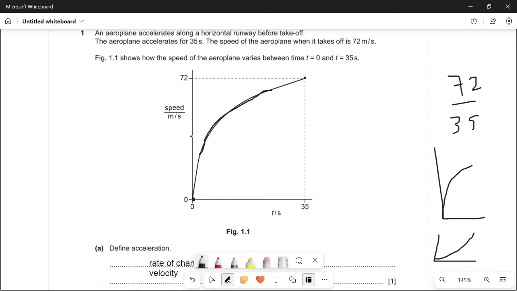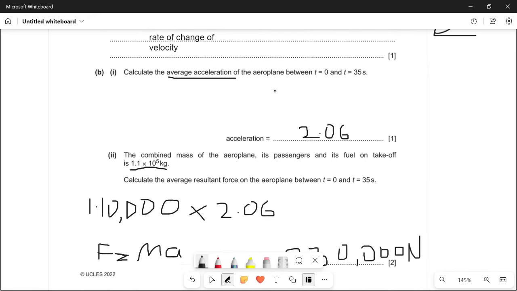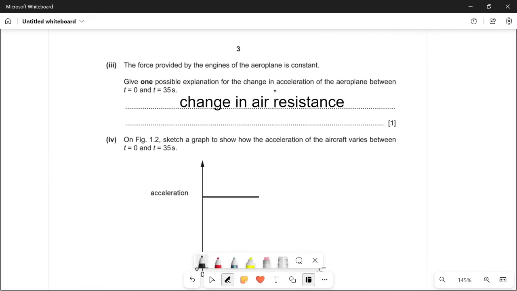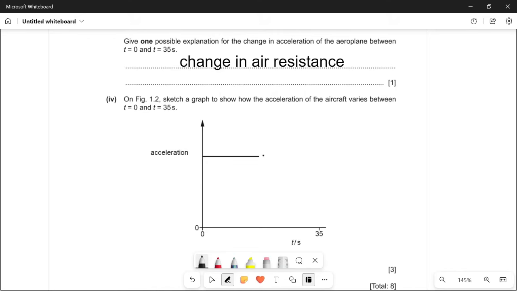In this case, the slope is decreasing, so the acceleration is going to be decreasing too. So we're going to represent the decreasing acceleration by a straight line going downwards. This is the second section of the graph.